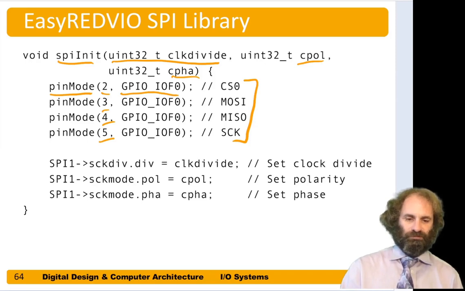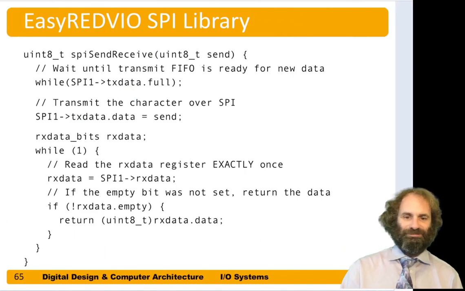Then we'll configure some of the SPI control registers. Remember, we can dereference that pointer to our SPI1, look at the S-clock div, go into the div field, that 12-bit field with the clock divisor, and put in clock divide. In the same way, with bit 0 and bit 1 of S-clock mode, we'll put in the polarity and the phase.